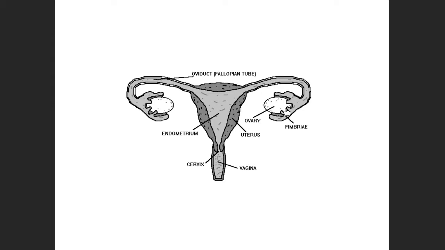And so the egg has to not miss here, and sometimes it does, and the egg ends up in the body cavity, and then it doesn't get fertilized. And sometimes, if it does get fertilized, the sperm actually come out through this space and fertilize an egg somewhere else. That's called an ectopic pregnancy, or pregnancy outside of the reproductive system.